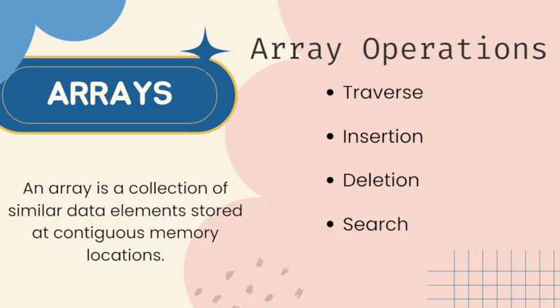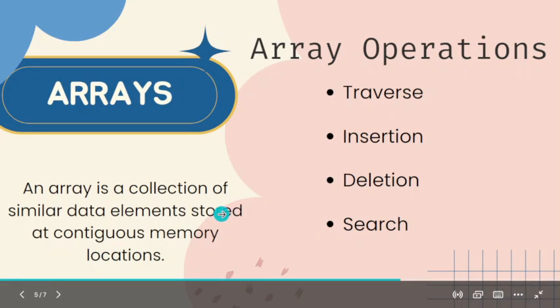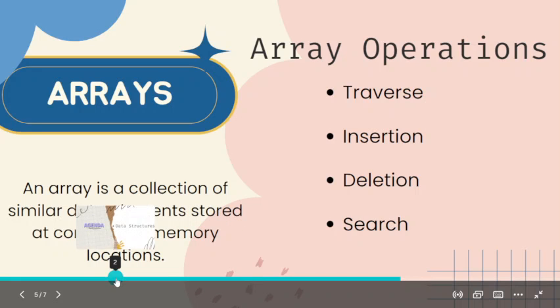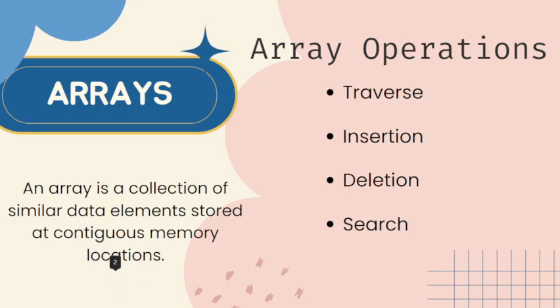So we are looking at an array here. An array is a collection of similar data elements stored at contiguous memory locations. I think you guys have come across an array in C programming. So if you've done C programming well, you should know arrays, right? You are just storing values of the same type.